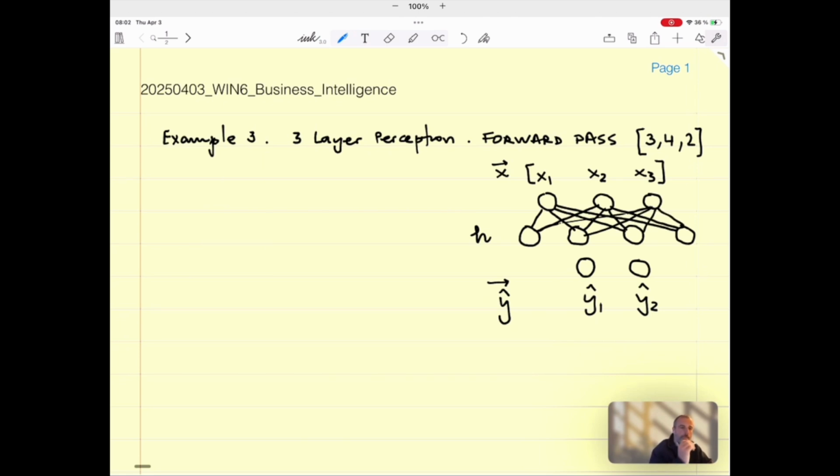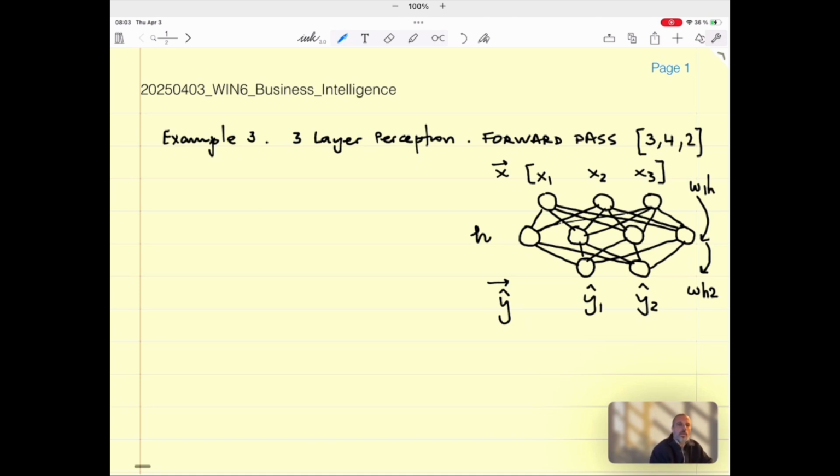Put it here, weight matrix 1 to H, and this is going to be the weight matrix H to 2, and this has 4 by 2 elements. So each line is 1 element in the matrix.